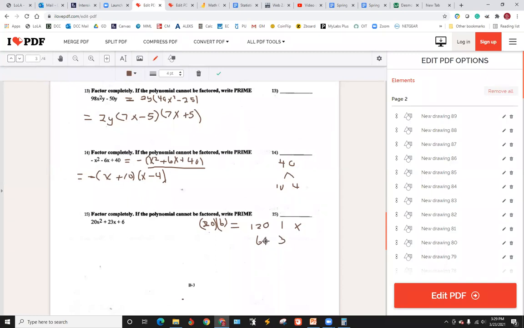So 60 times 3 is 120. But those add up to 63. So take out another 3, it looks like. This one may not be factorable. Let's see.